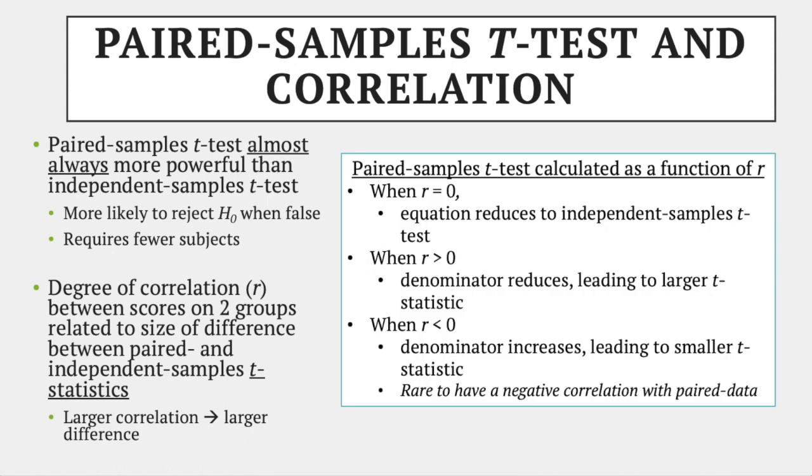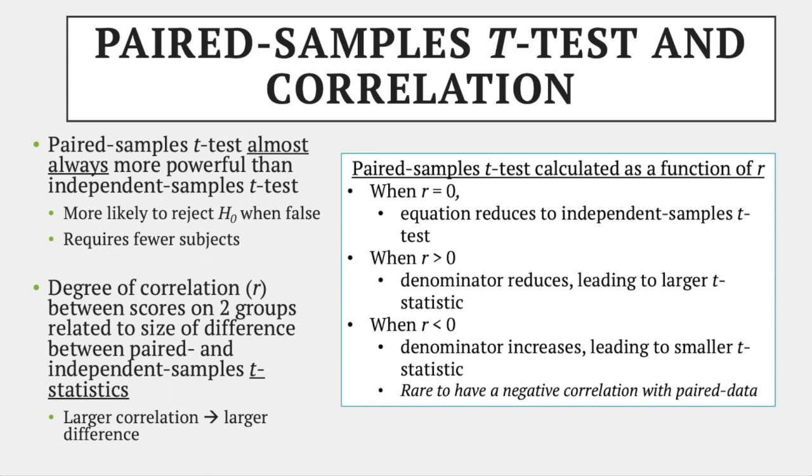So in other words, when r is 0, in other words, there's no correlation, they become the same thing. The paired samples and the independent samples t-test is identical. When the correlation is positive, which is going to be very common, the denominator reduces, leading to a larger t statistic. In other words, the paired samples becomes more powerful.